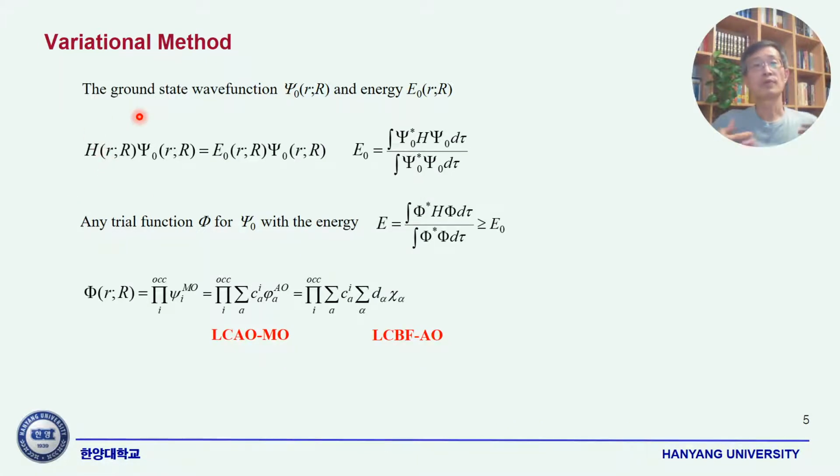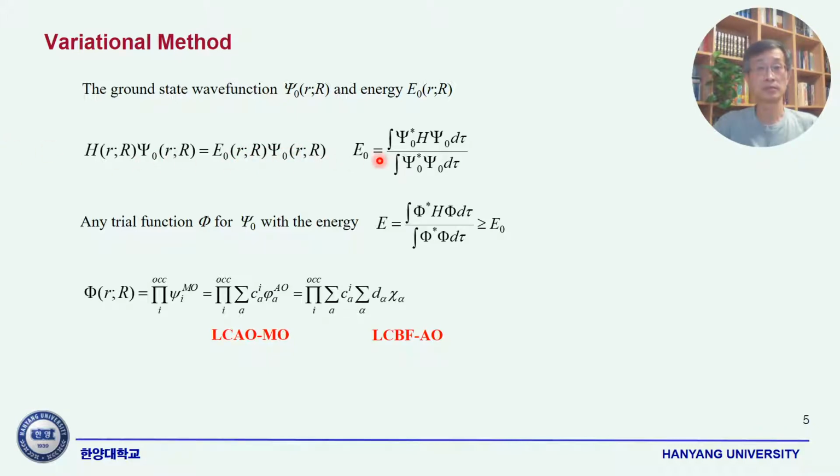So then we apply the variational method. Next, we'll build up the Hartree-Fock method based on this. The variational method is that this is the Hamiltonian we need to solve, and the true wave function and energy are psi naught and E naught. Although we don't know them, we assume they are known, and this is our goal.